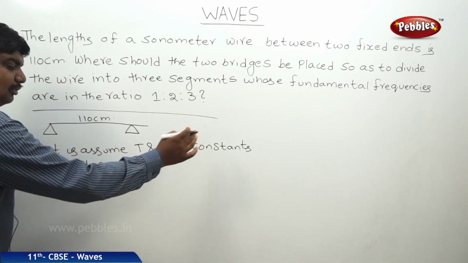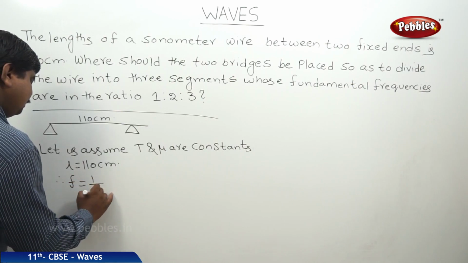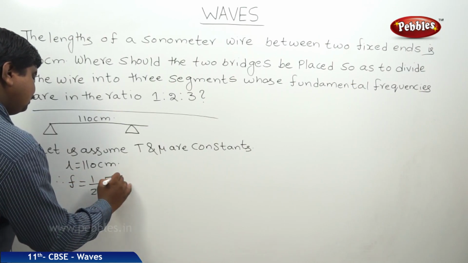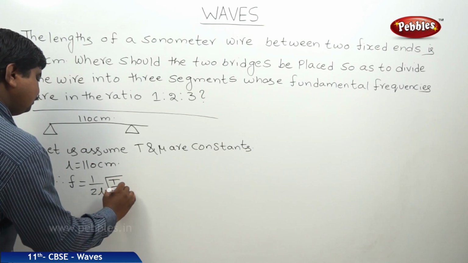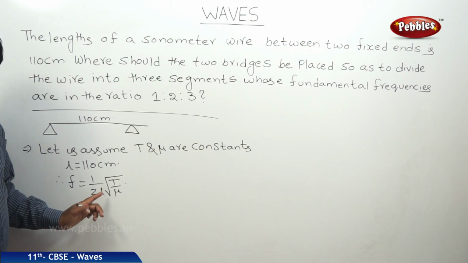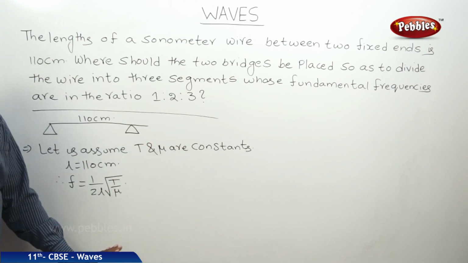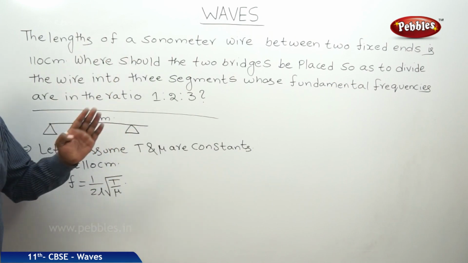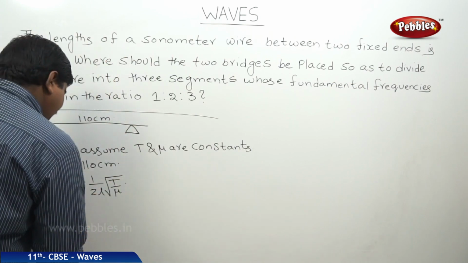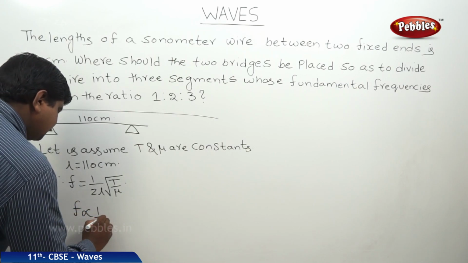If T and mu are constants, according to the formula, f is equal to 1/2L into square root of T by mu. We are assuming that T and mu are constants because the same wire is given and the same force is applied. So therefore, in this case, frequency is inversely proportional to length.